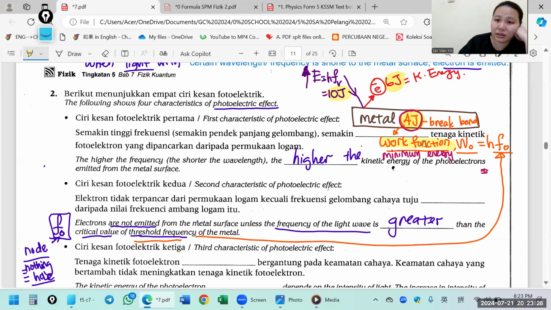The energy to break the bond is called work function. To get the work function, we're still using hf, but now we use hf naught. So every metal has its own threshold frequency. Different metal, different threshold frequency.